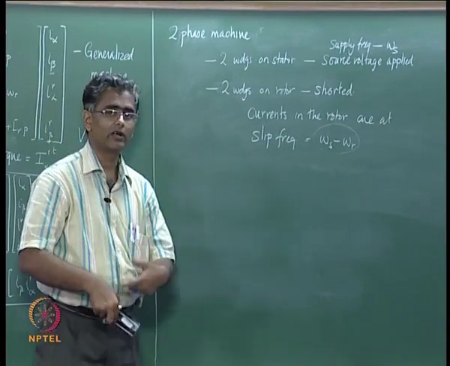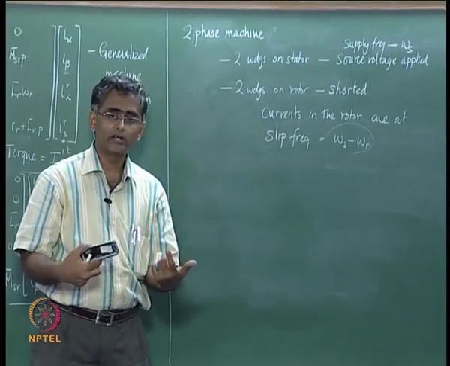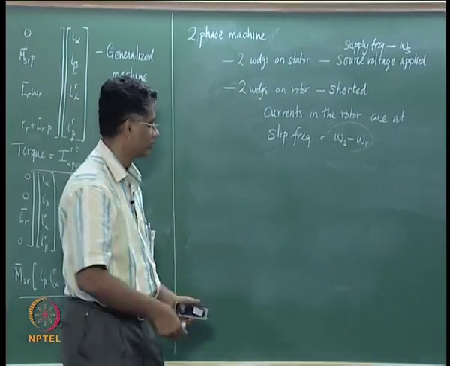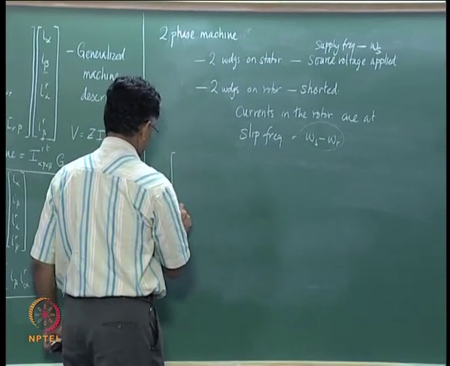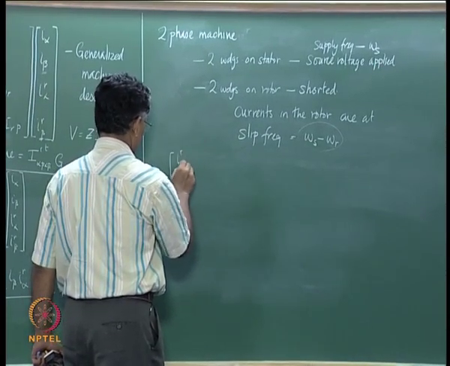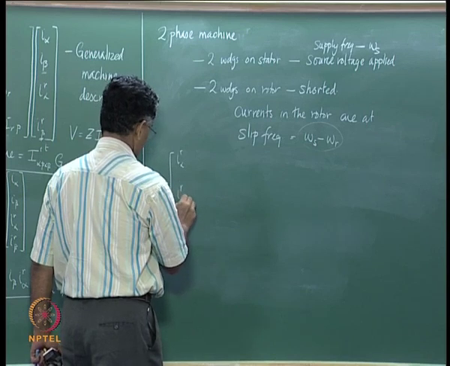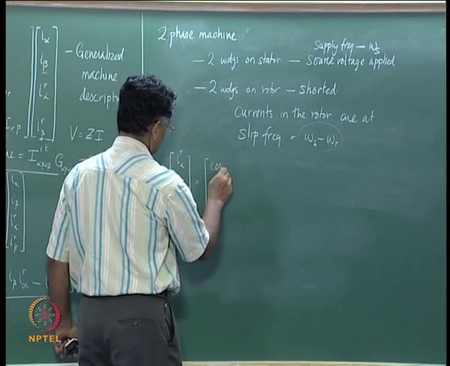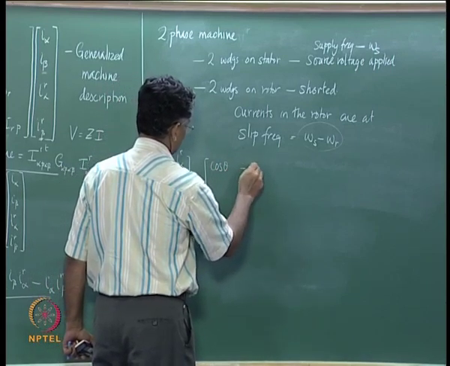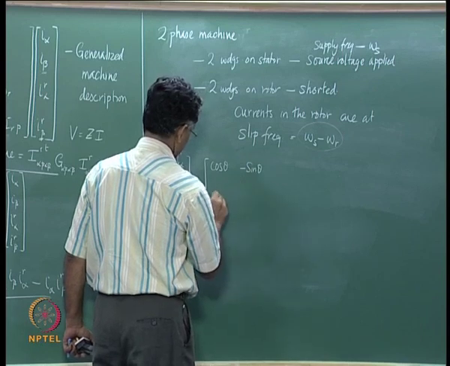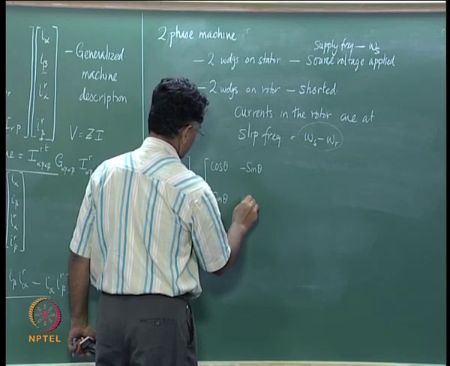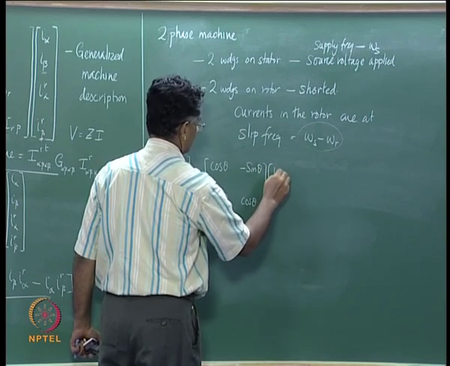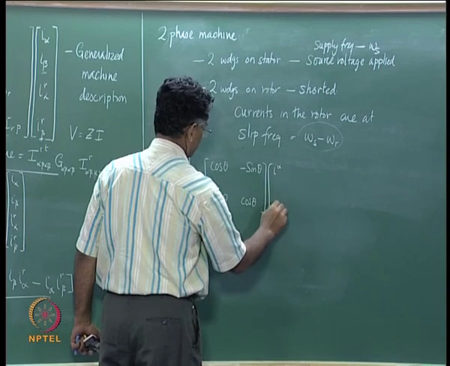We tried to determine an equivalent current that will flow in the stator that will produce the same MMF, and in order to do that, we use this expression: IR alpha and IR beta is equal to cos theta, minus sin theta, sin theta and cos theta, multiplied by your I alpha and I beta.